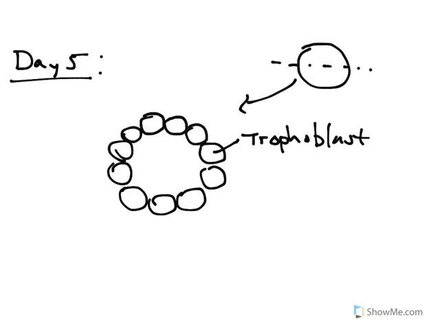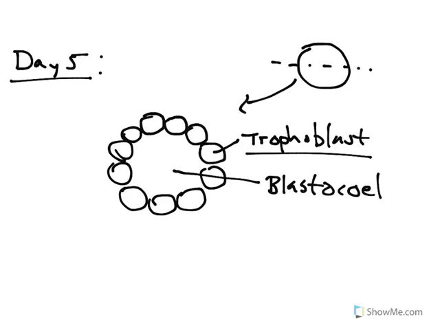The trophoblastic cell is important because it's involved in implantation. And then our inner cavity here is called the blastocyst cavity, which is ultimately going to become body cavity, things like your gut, thoracic cavity, the internal structures of your body.